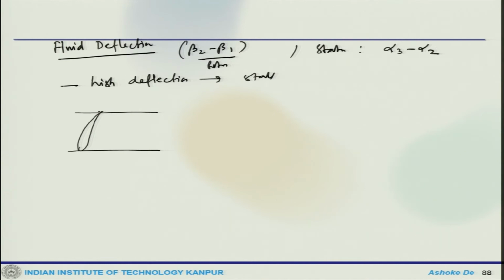This is the pressure side, then this is the suction side, and typically this is the chord and this is the pitch.